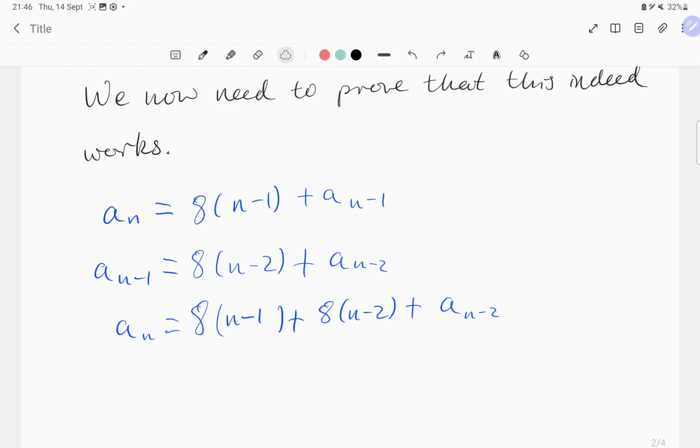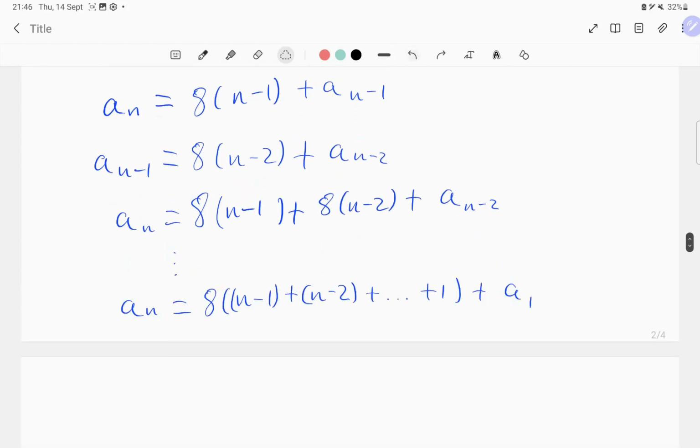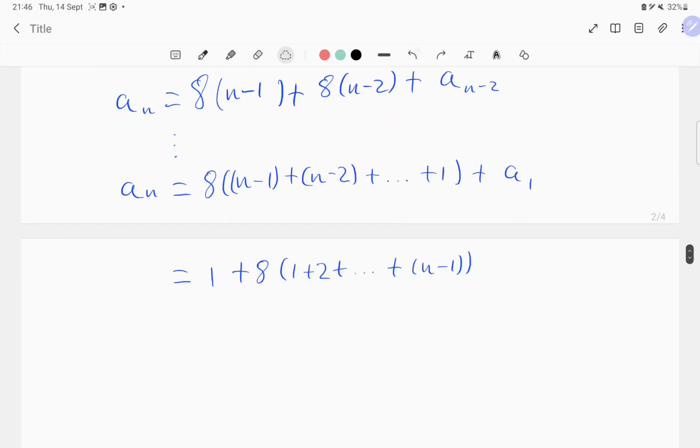If we substitute this back into the original an formula, we have an equals 8(n minus 1) plus 8(n minus 2) plus a(n minus 2). We could continue this pattern, but it's easy to see where this is going. So I'm going to simplify it and say that an equals 8 times (n minus 1 plus n minus 2 plus all the way to plus 1) plus a1, which is of course k.